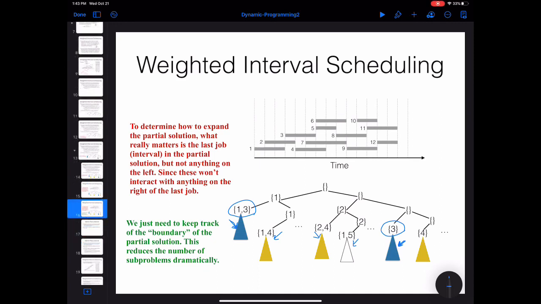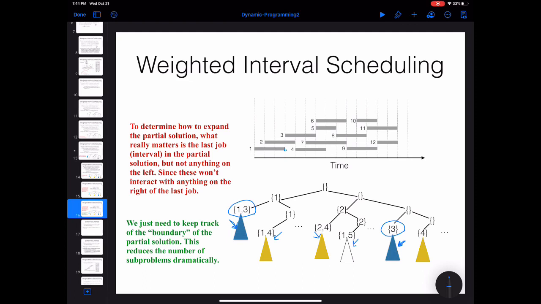But there is a fact about this problem: when you are taking a job, for example, 1, you cannot go back in time, right? If it is the first job that you have taken, all the jobs that have a conflict with it, or are before it, are going to be excluded.